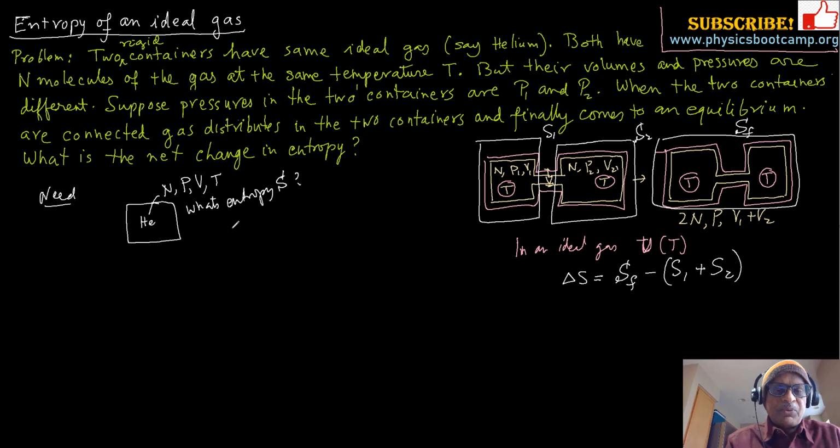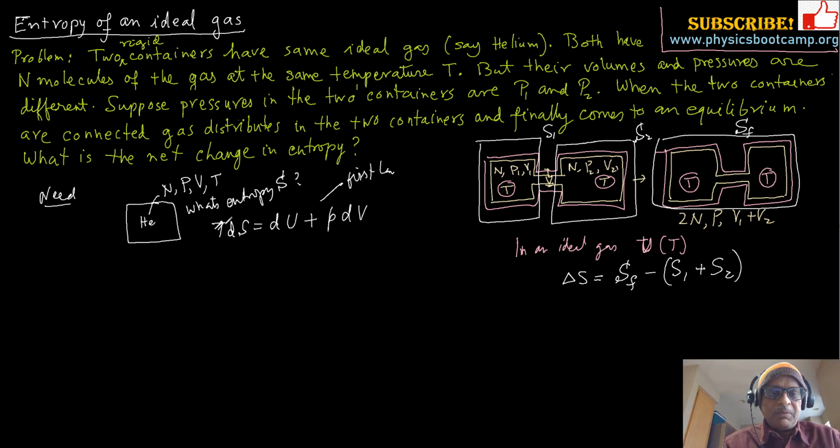Well, we have the formula for entropy: T dS equals dU plus P dV. This comes from the first law. And then if you divide by T, there is T here and T here. And we can also write this in pressure. So this is a function of only temperature.